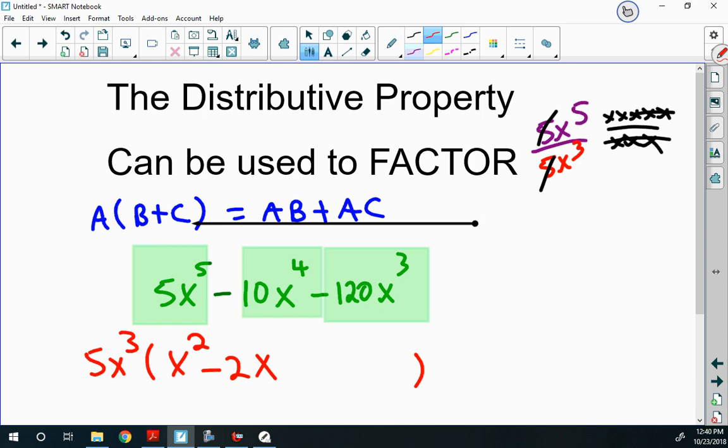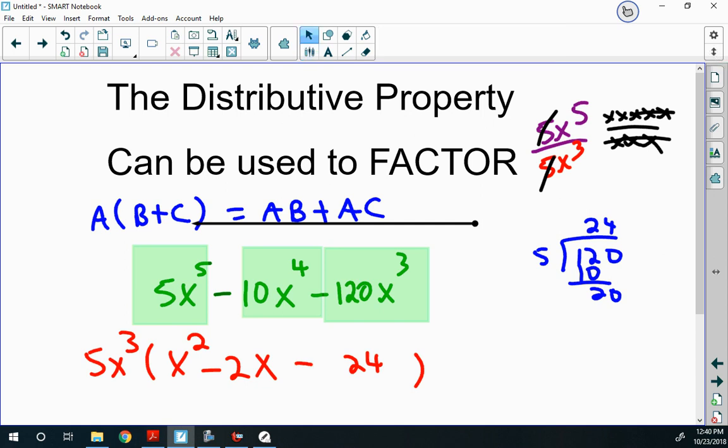And then, oh man, 120 divided by 5. How many times does 5 go into 120? 24. Is that going to be plus 24 or minus 24? Minus.